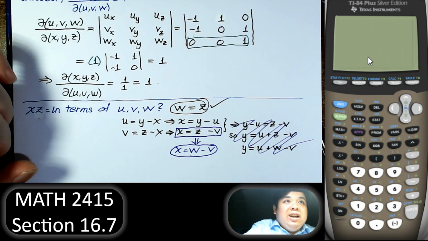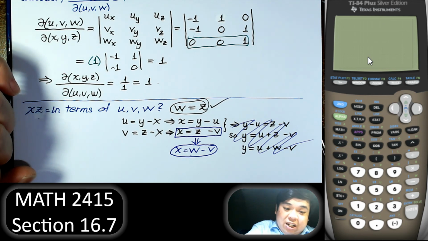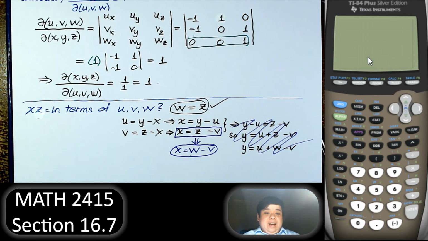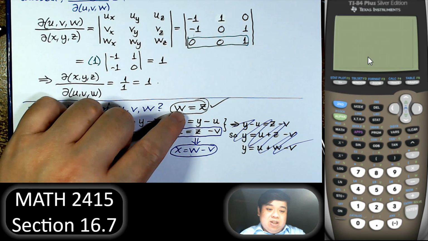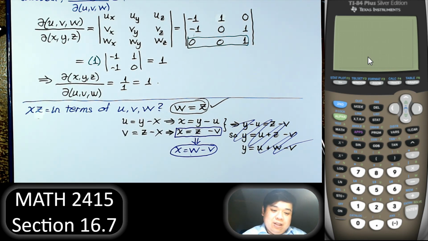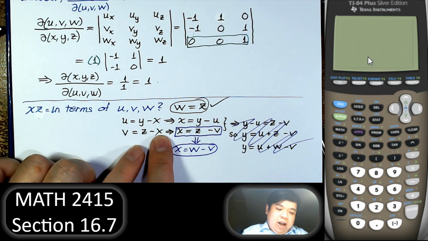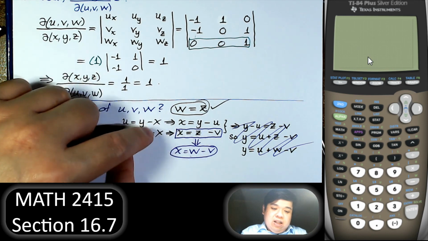We can directly solve for x in terms of v and w. This one's not that bad because w is equal to z. So x equal to z minus v, w minus v.